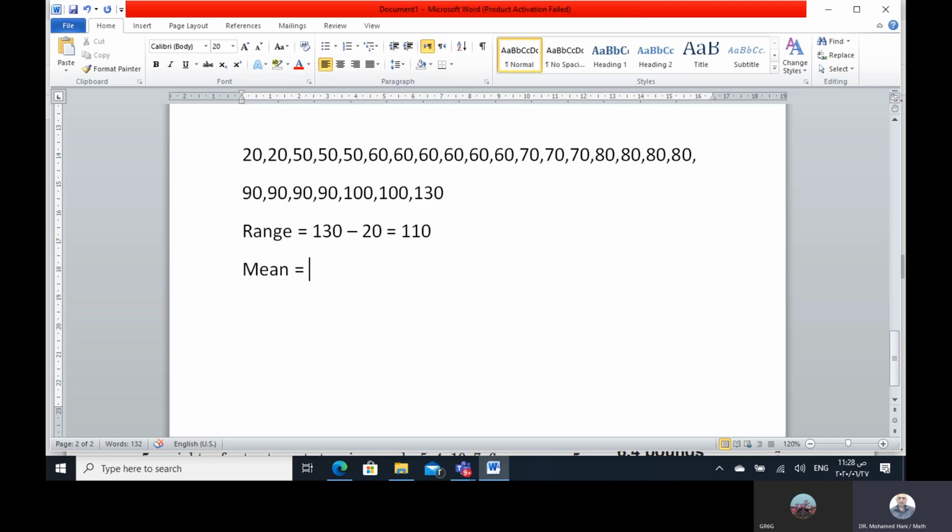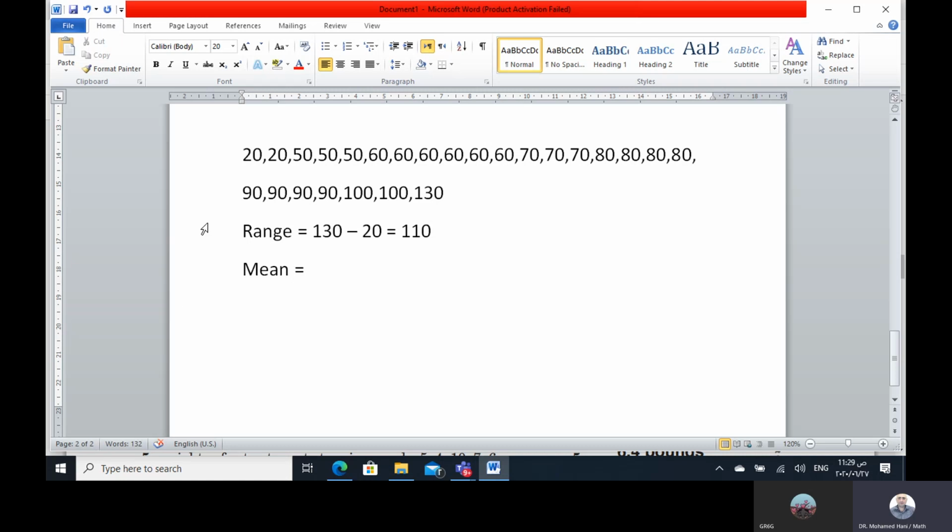I can write 2 times 20 plus 3 times 50, because we have 50, 50, 50, plus 6 times 60, plus 3 times 70, plus 4 times 80, plus 4 times 90, plus 2 times 100, plus 130, which will be 1770.